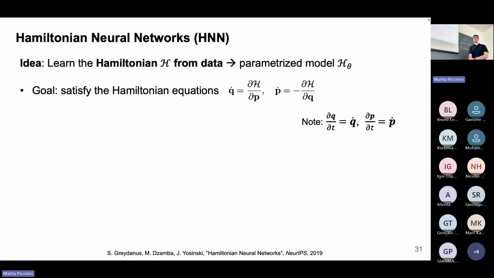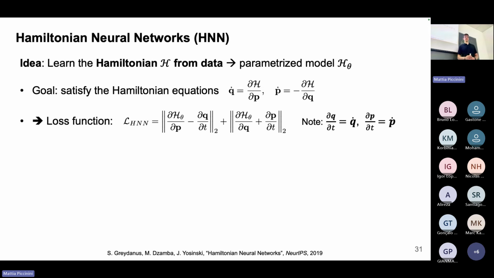What we could do is to act on the loss function, because we basically have data. The data can help us learn the Hamiltonian, but we want to do it by satisfying these equations, so we can act on the loss function. In the loss function, we can say, please minimize the violations of the Hamiltonian equations.